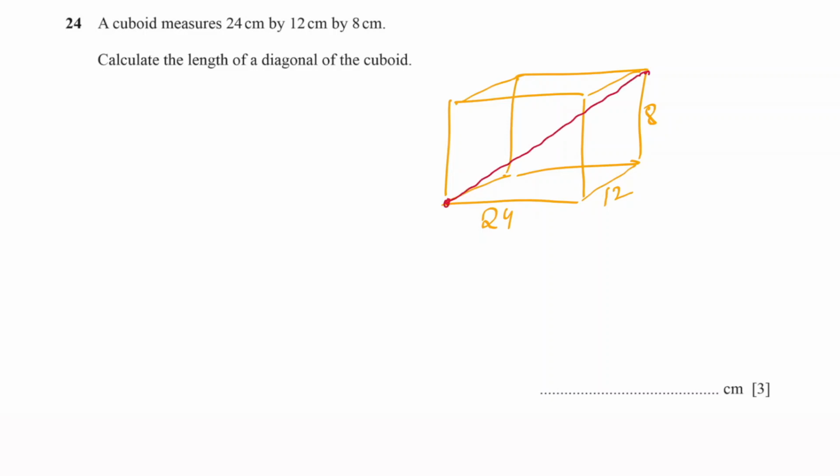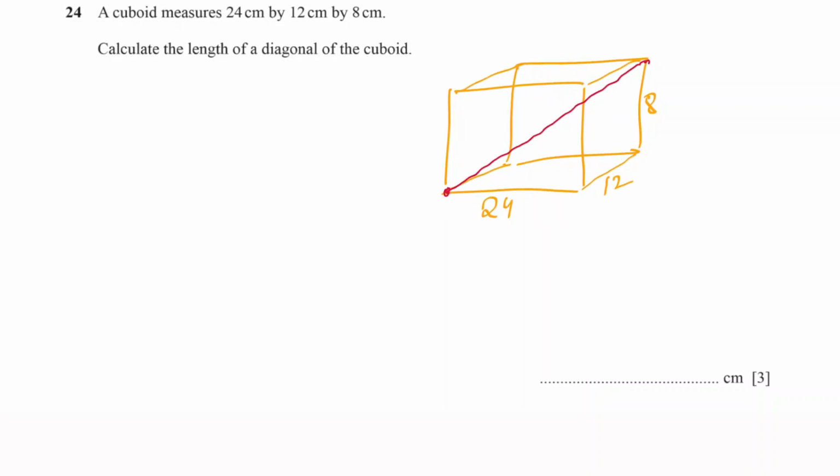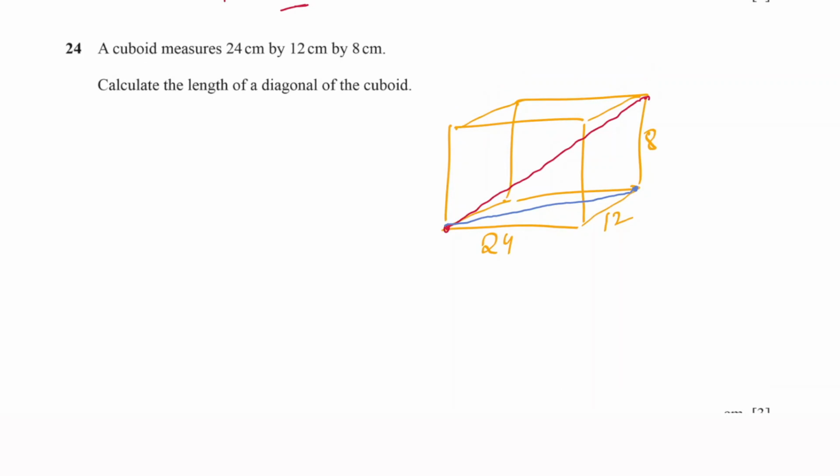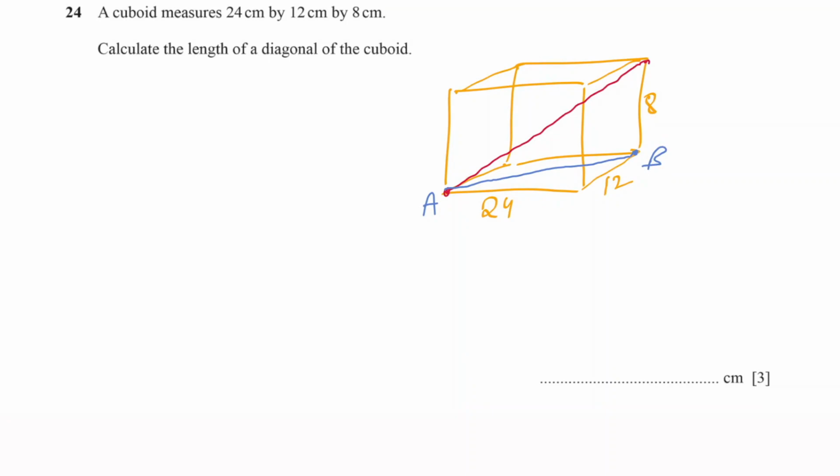If I want to find the diagonal, we can focus on this length first. Then we can find the diagonal. Let's find the blue line length. Let's say this is AB. So let's find AB first.